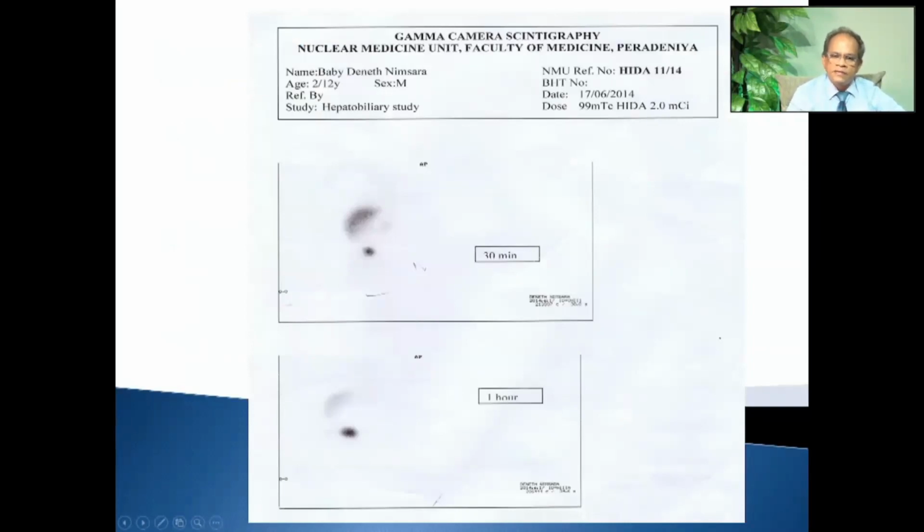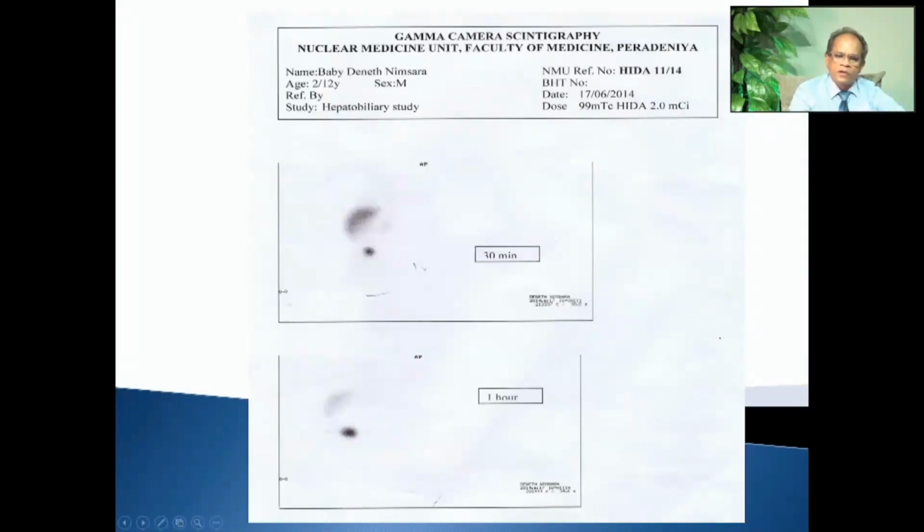And the scintigram was reported as no evidence of biliary atresia because they thought there was isotope in the gut. But now if you look at it carefully, you see that the liver is taking up the isotope very well, and then there is some amount of isotope outside the liver also.